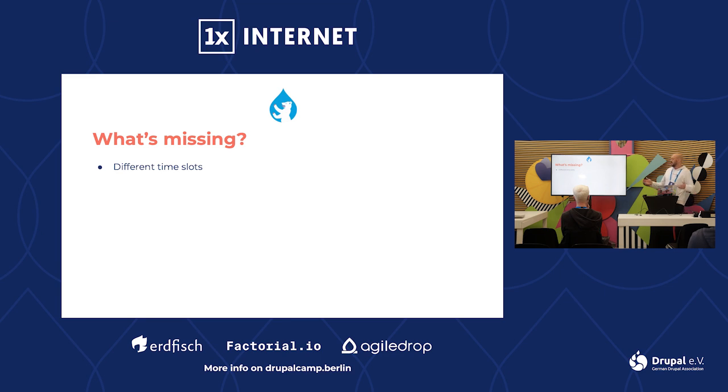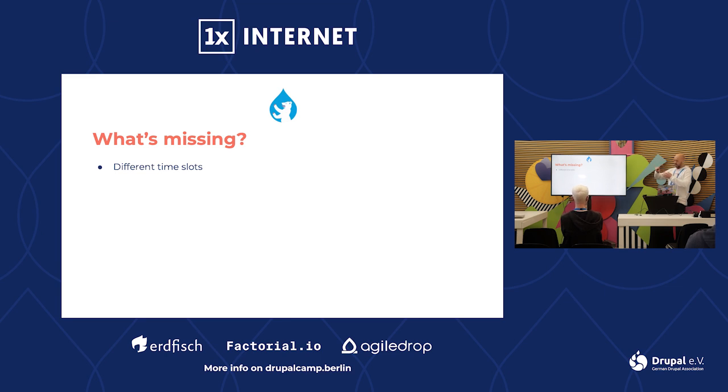So what's missing? I also asked, because we at 1x Internet built that website, and there were other volunteers taking care of session acceptance and review. I asked them, hey, what do you think was missing in the website when you worked with those sessions and the whole workflow? There's this one small thing: you can't have different time slots in the sense of length.